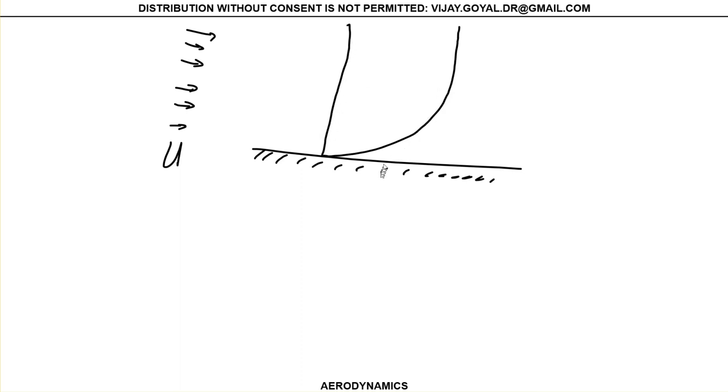As you move away from the surface, you're going to have a constant stream. As you start getting close to the surface, now it's going to be a function of tau.